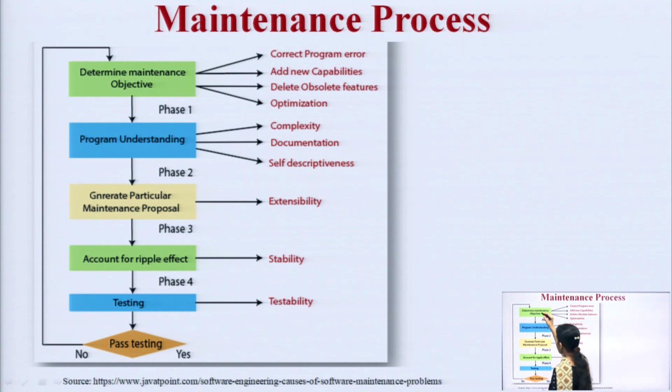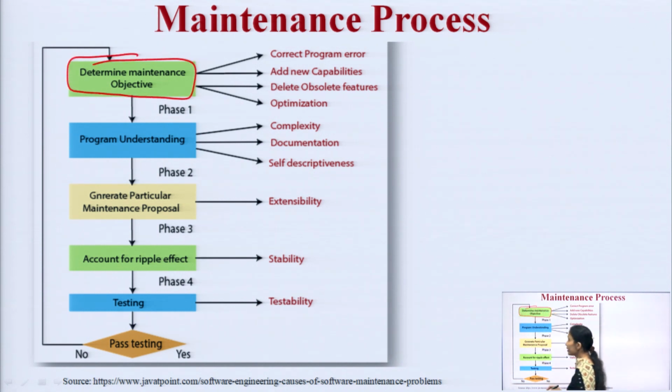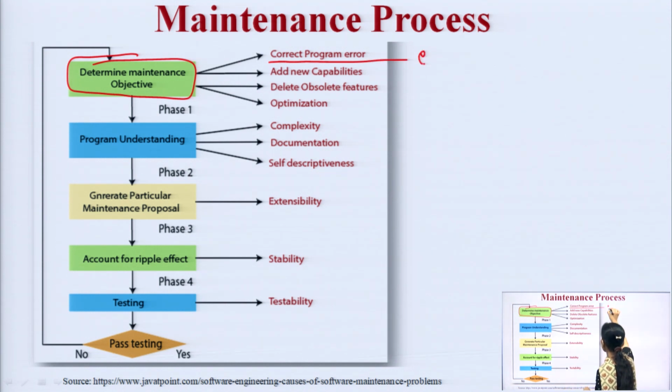So, I started with determine the maintenance objective. What does this determine objective mean? I am correcting the program errors, I am adding new capabilities. Here I am correcting the errors.